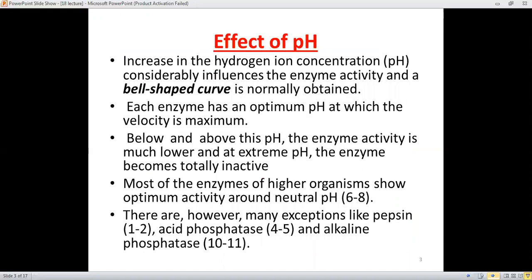First of all, the effect of pH. pH means hydrogen ion concentration, and an increase in the hydrogen ion concentration considerably influences the enzyme activity, and a bell-shaped curve is obtained, just like the plot of temperature and enzyme catalyzed reaction activity, or you can say velocity.